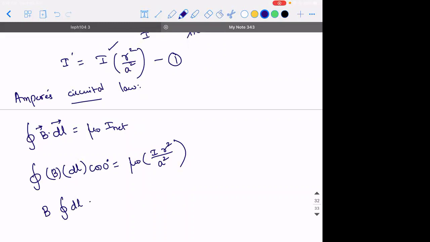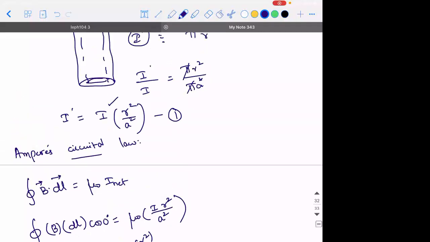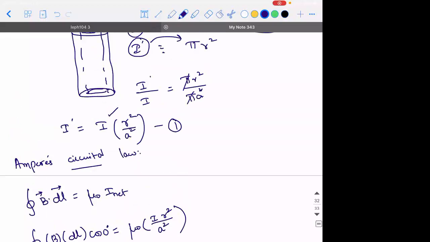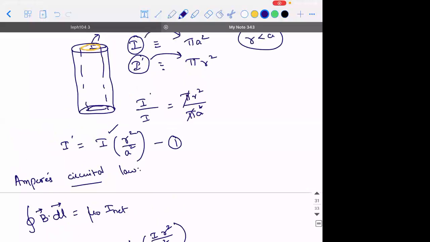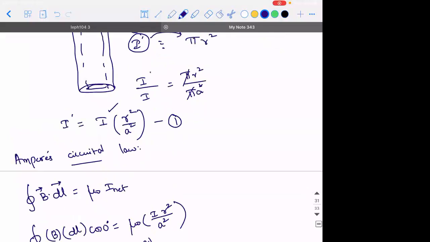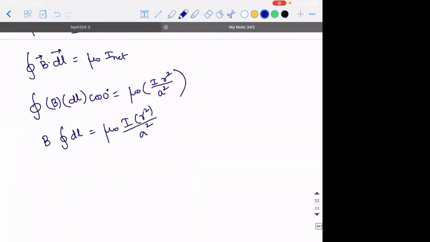The line integral of dl will be equal to mu naught I r square divided by a square. Now tell me, with yellow color, see, what does this portion represent? When you add up all the dl's, the sum will give you the circumference of that particular circle.